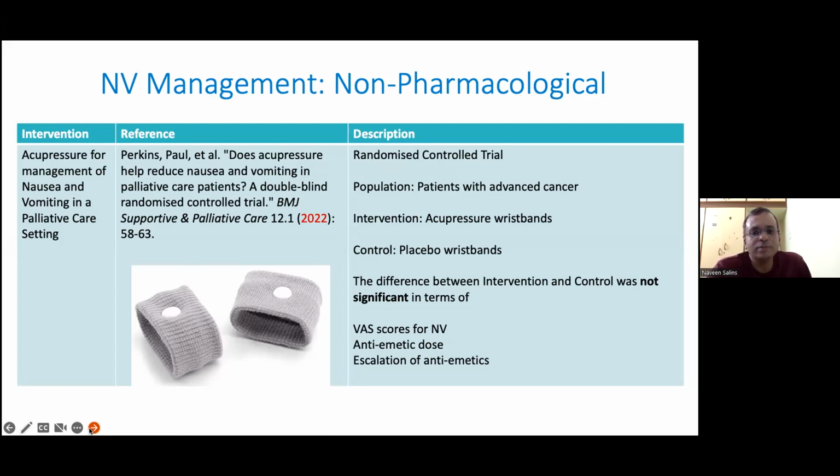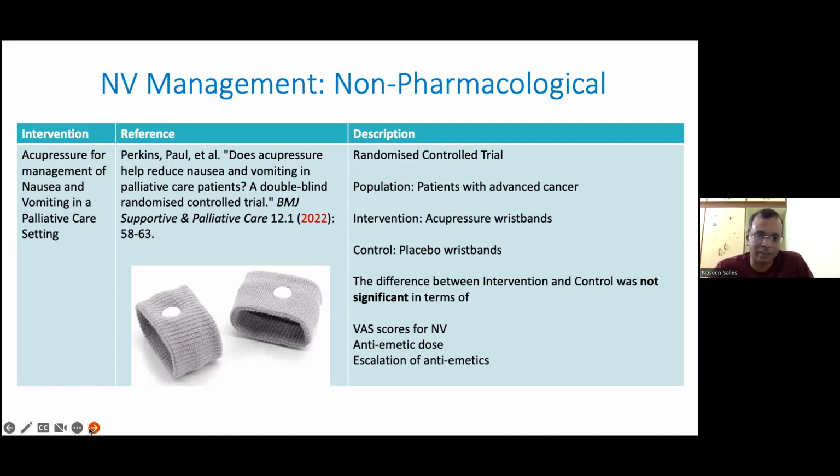It looked at acupressure wristbands. They compared a normal wristband with another wristband which had an acupressure property, and there was no difference. The acupressure did not improve the VAS, visual analog scores, for nausea and vomiting. It did not reduce the antiemetic dose, nor did it prevent escalation of antiemetics.